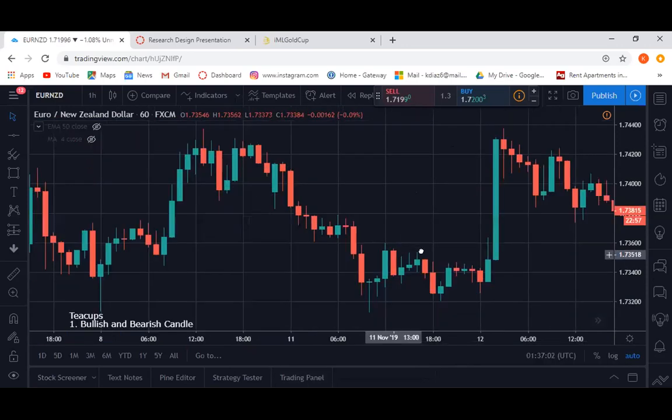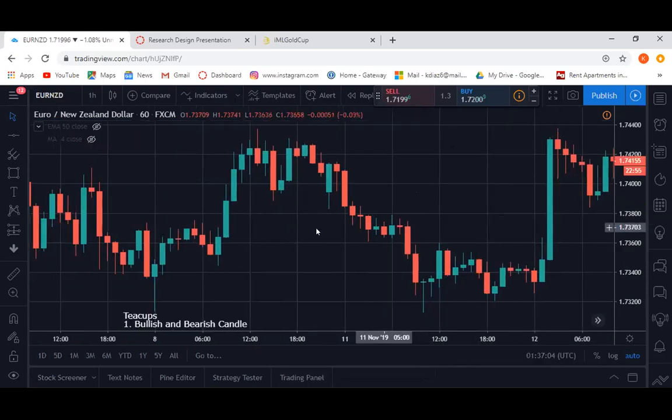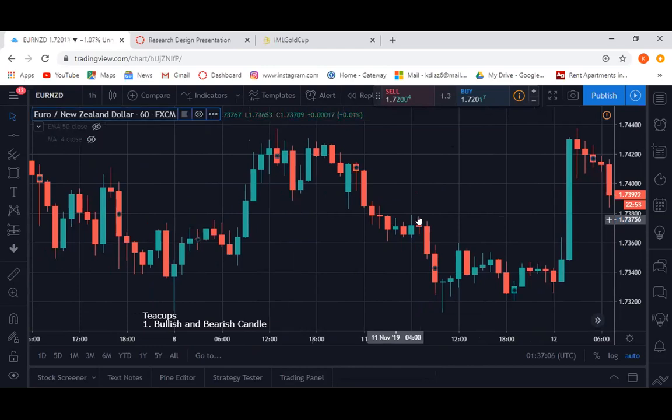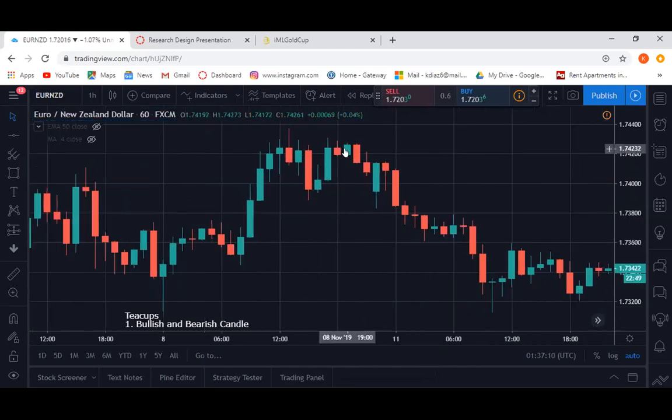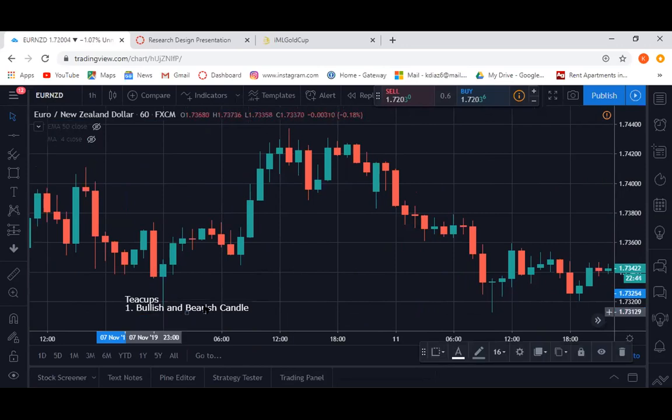And if you've been on any of these sessions before, you might be able to see what happened and where the teacup formed. But I'm going to be focusing right here on this candle and this candle. So step number 1 is to find our bullish candle and our bearish candle. Our bullish candles are the blue ones and our bearish candles are the red ones. So here I have my bullish and my bearish candle.